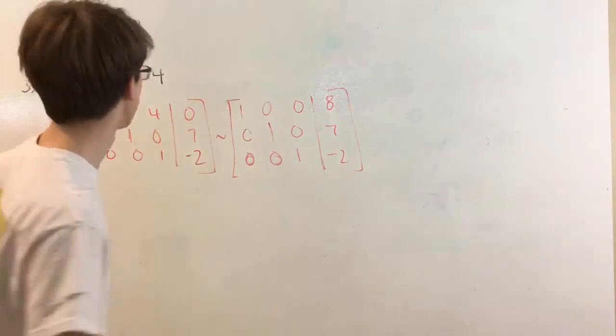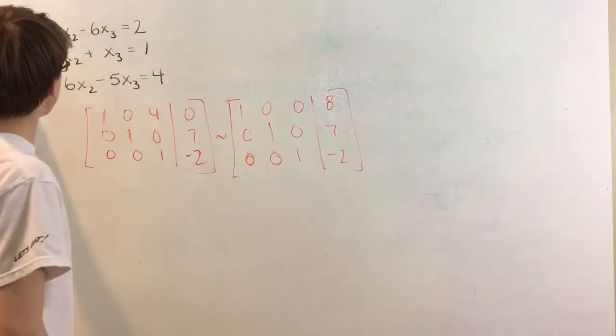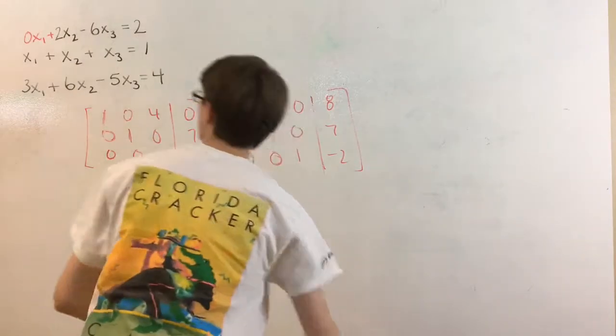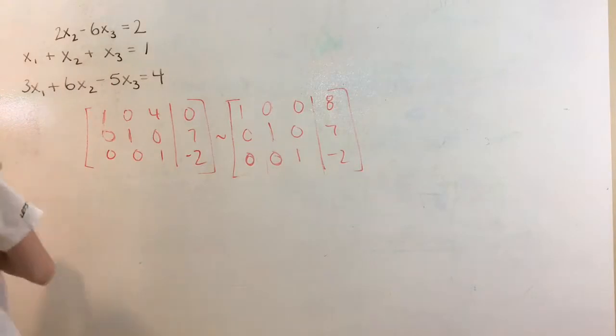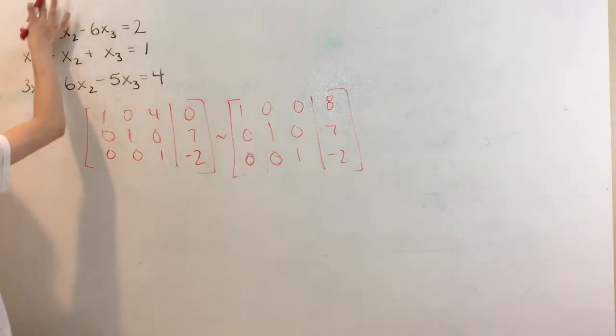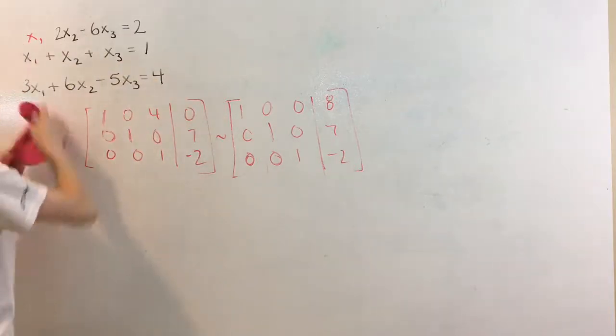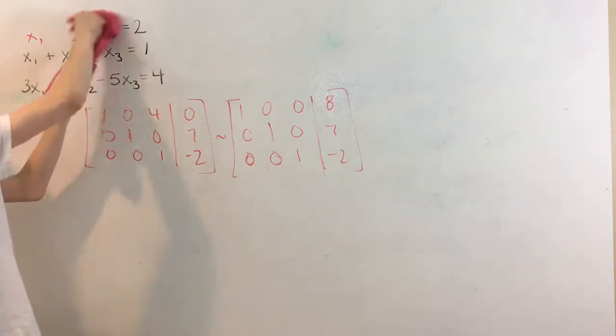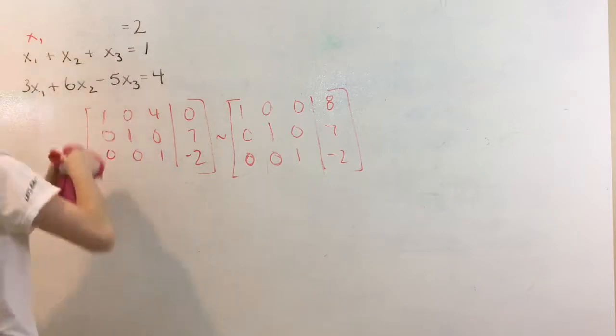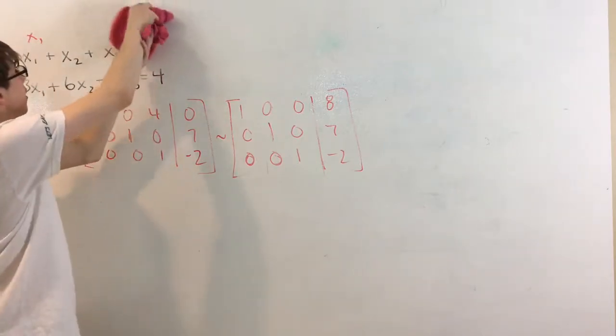Now, let's take this RREF augmented matrix, and let's rewrite this equation. Well, we're left with 1x1, so that's just x1, plus 0 and 0, so these are gone. And we're left with equals 8.